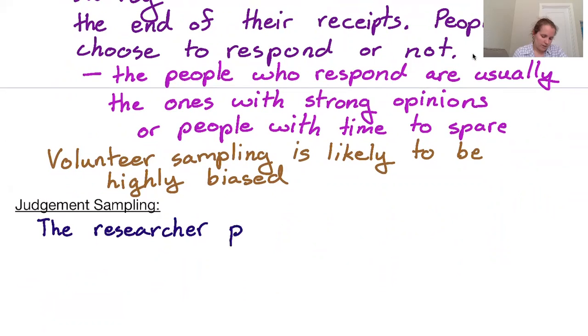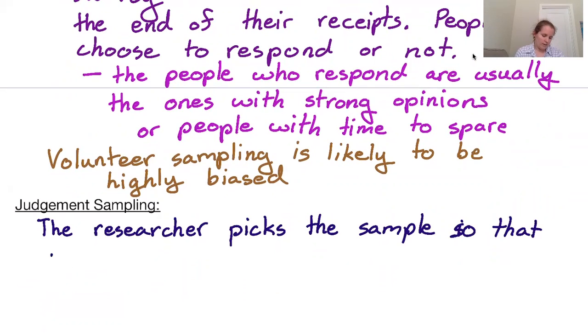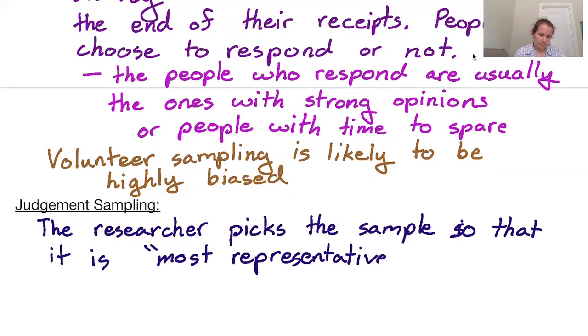So the researcher picks the sample so that it is most representative of the population.